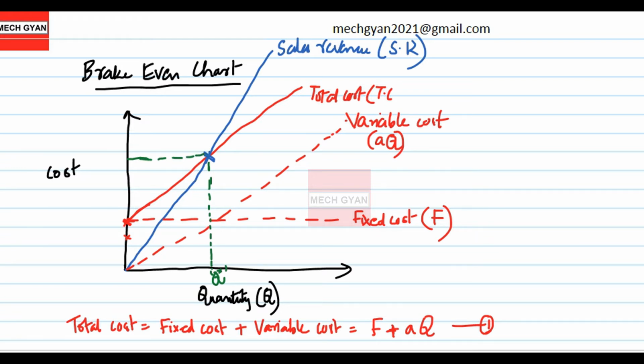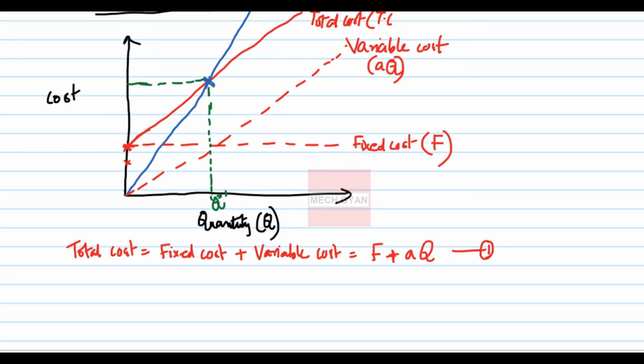So basically we can write sales revenue, also known as total income, as equal to, let B be the sales, so sales times the quantity.